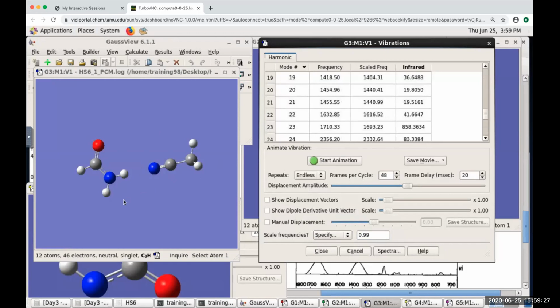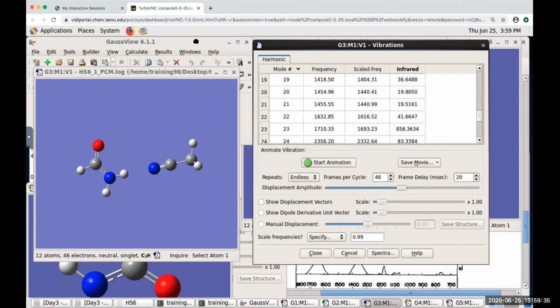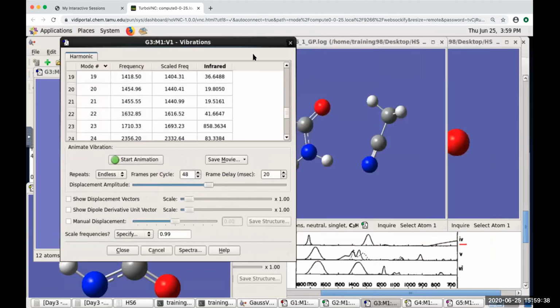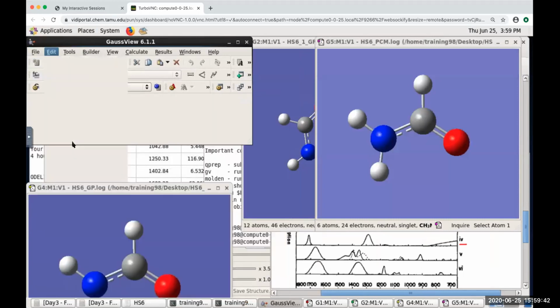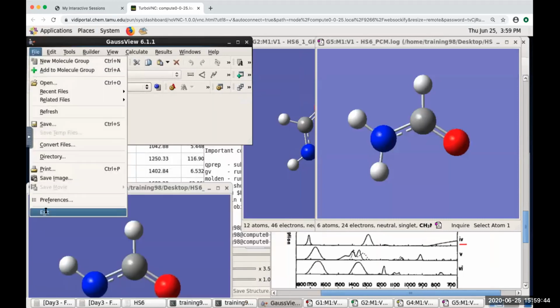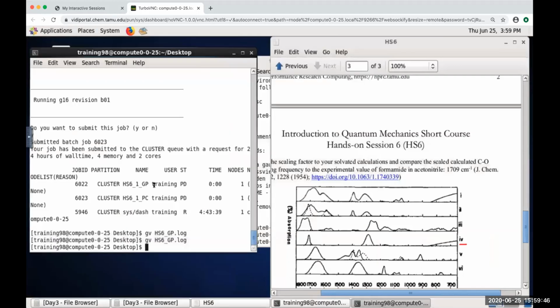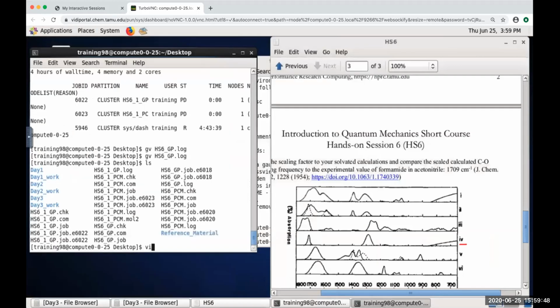So somebody else said mine failed too. So let's take a look at why it failed. Maybe it ran out of geometry steps, which is probably what it did, but let's see why. I'm going to go ahead and close this. So this is very common when you have multiple molecules in your calculation.